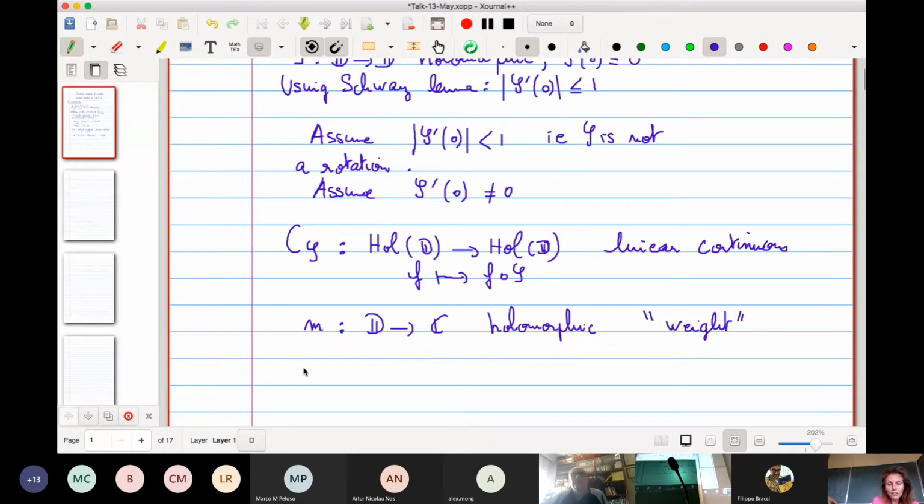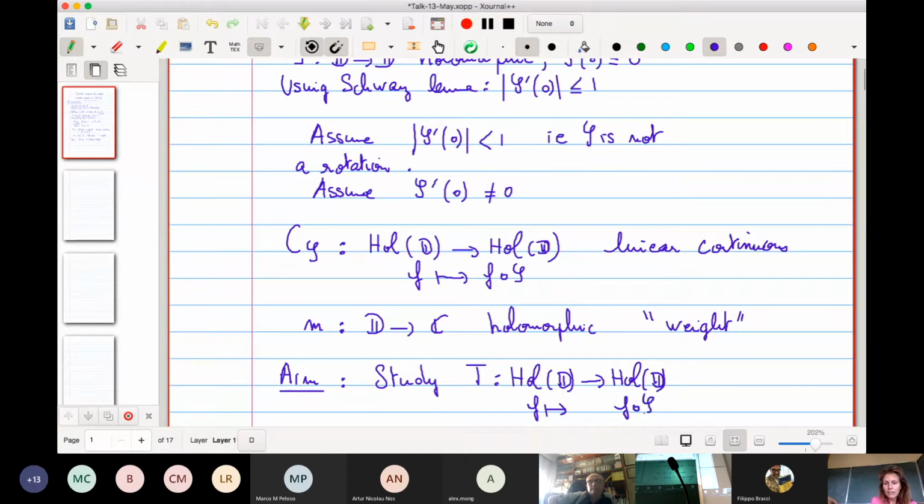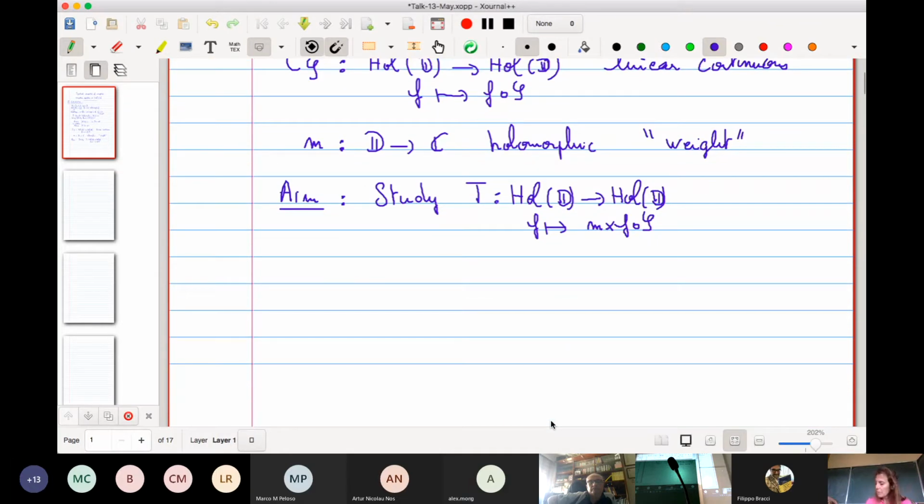And then our aim today is to study the spectral properties of T, which is: you compose by phi and you multiply by m. So it's a weighted composition operator.